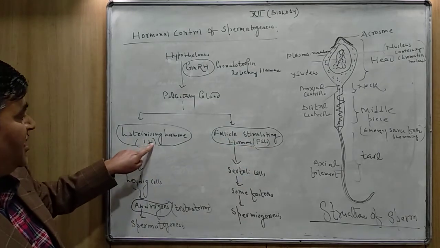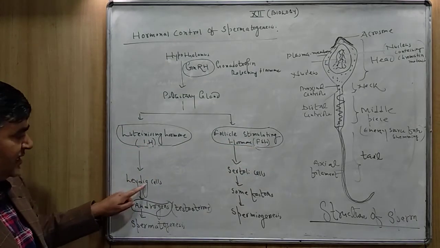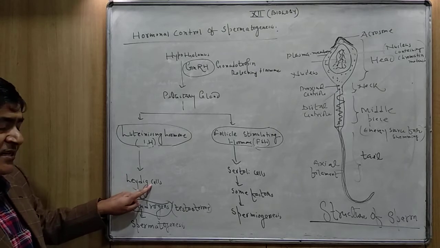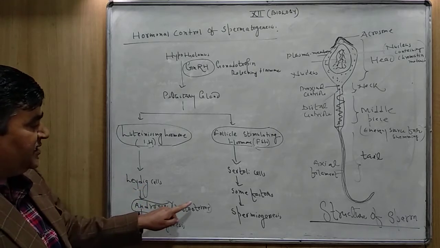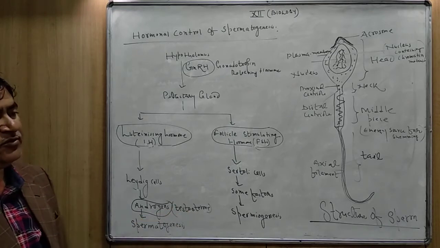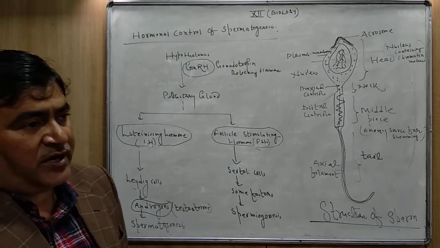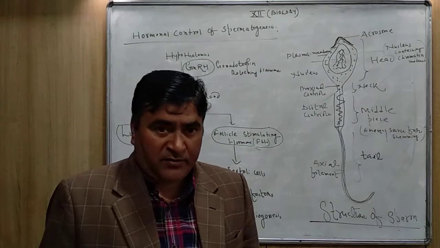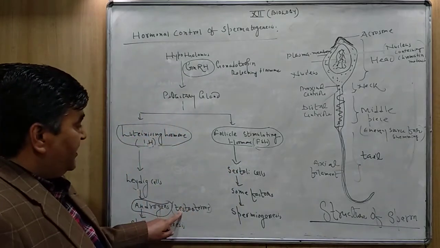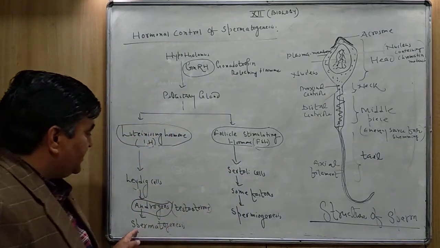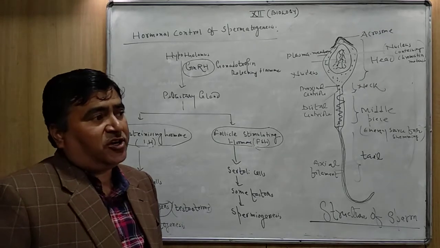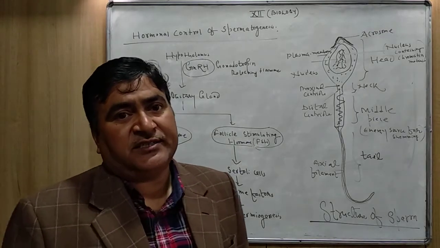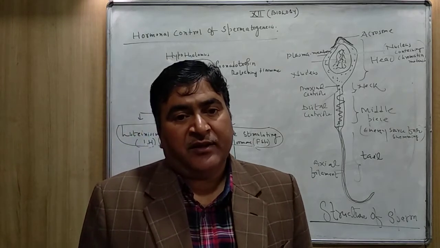The luteinizing hormone stimulates the Leydig cells present inside the testes to produce androgens, or testosterone, and this is a very important hormone for the male, and it is responsible for the process of spermatogenesis. The testosterone also controls our secondary sexual characters.